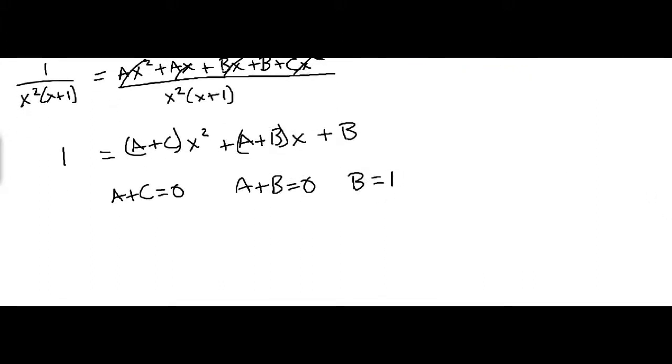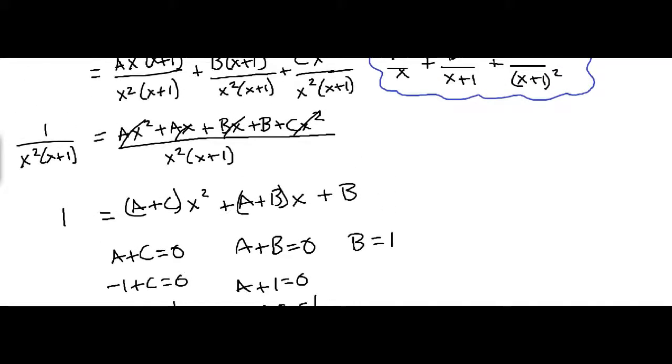Going from there, let's plug b equals 1 into our middle equation. A plus 1 equals 0, so a equals minus 1. Going to our first equation, minus 1 plus c equals 0, so c equals 1. So now we have a equals negative 1, b equals 1, and c equals 1.